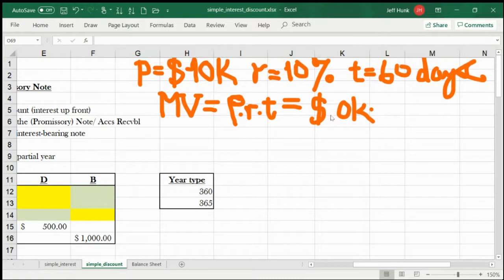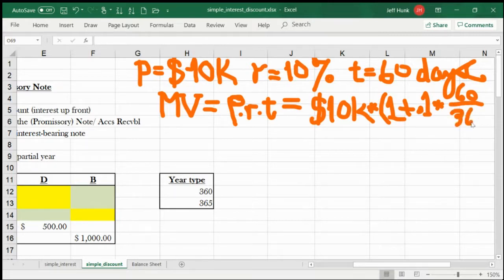Drawing with the mouse is not that easy, right? 10K times 1 plus 0.1 times 60 over 360, which will be 1 over 6.